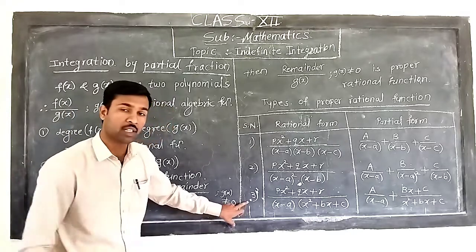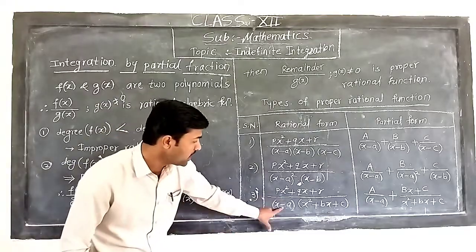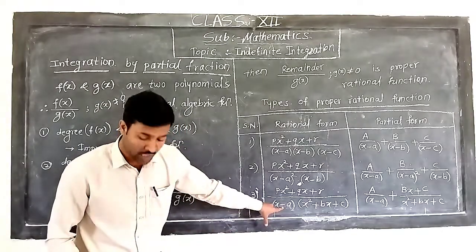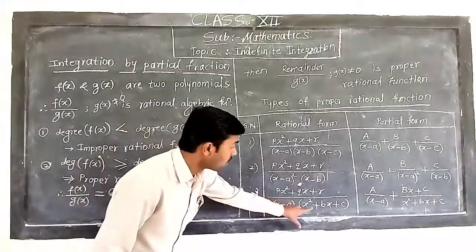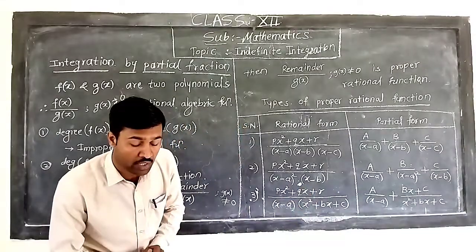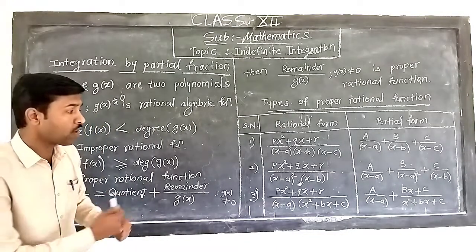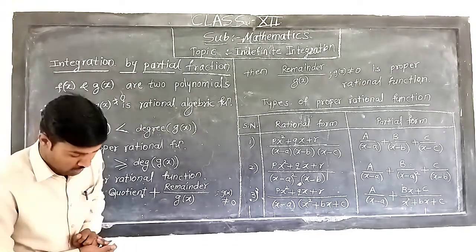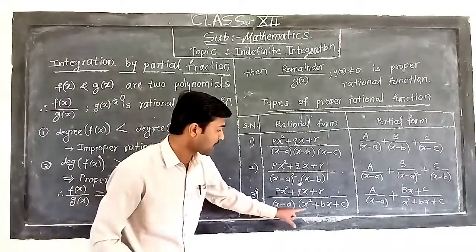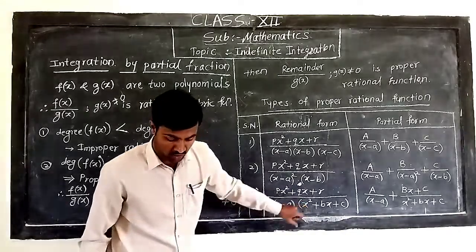Now the third case arises, in which there is a product of a linear factor with a quadratic equation. We cannot solve this quadratic equation because it cannot give us its roots properly, so this factor is called a non-repeated quadratic factor.